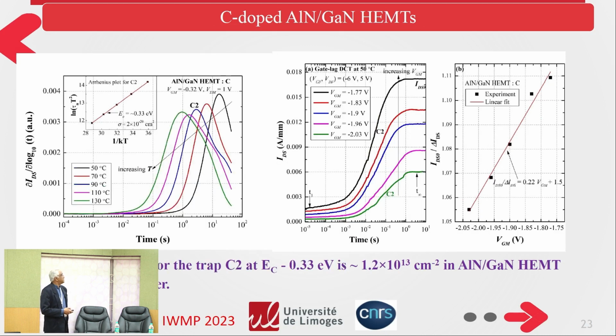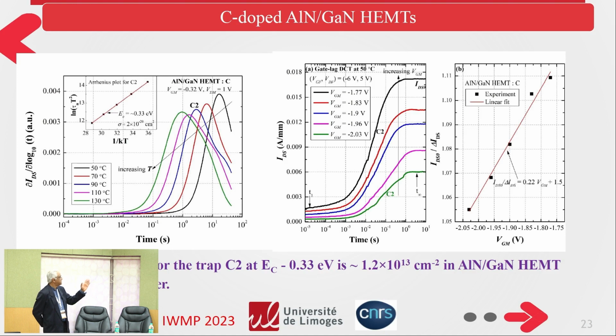And then we have made also for the C-doped aluminum nitride barrier. First you have to make the DLTS measurement in order to obtain the activation energy and capture cross section. For this case, we have obtained an activation energy of 0.33 and the capture cross section is very small, about 2e-20. That means for the C-doped, contrary to the F-doped, the time constant is very long.